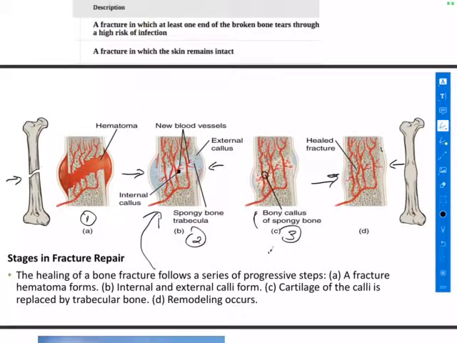Here, osteoclasts resorb the dead bone, and osteogenic cells divide and differentiate into osteoblasts. Cartilage is replaced by spongy bone through endochondral ossification, which is basically destruction of cartilage and replacement by bone.